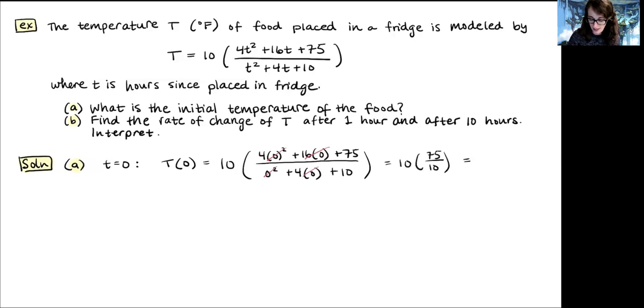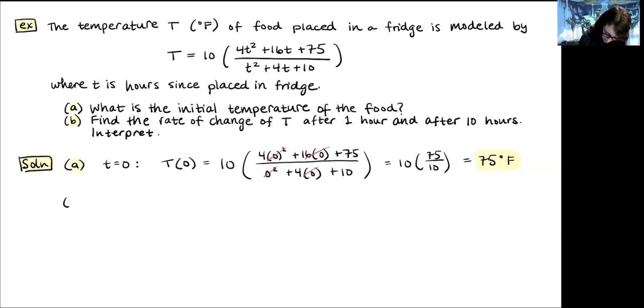Those 10s just cancel out, and we get 75 degrees Fahrenheit. All right, so this food is probably sitting out at room temperature, and that's what the temperature of the food is right when it's placed in the fridge, 75 degrees Fahrenheit. Of course, over time, the temperature of the food is going to decrease as it is placed in the fridge. So let's see how the temperature is changing over time at a couple different points in time.